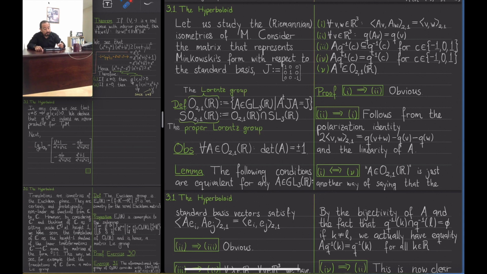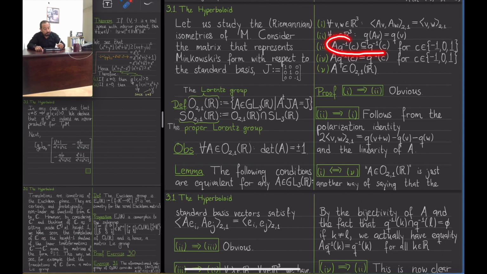Then this condition tells me that if V is in the inverse image of a certain value with respect to the quadratic form, then A V is as well.